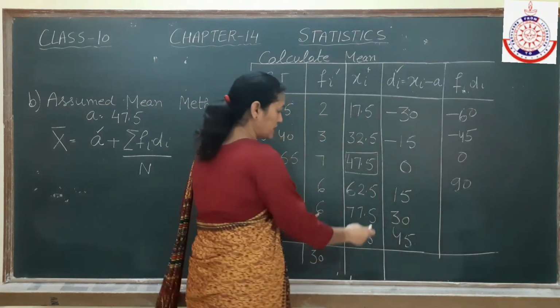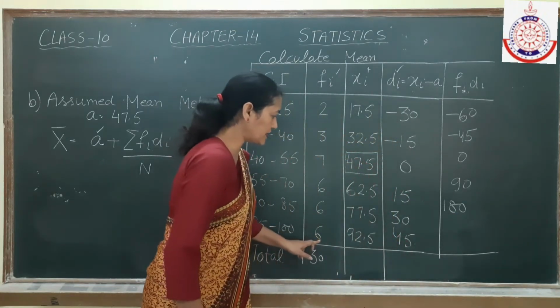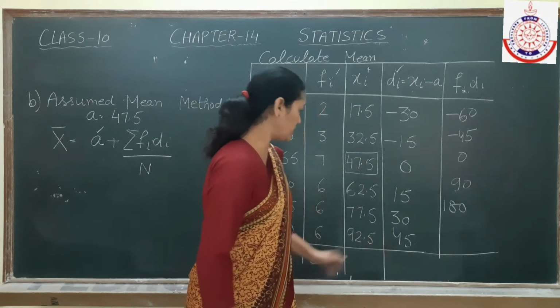Then 30 into 6, 180, and 45 into 6 will be 270.